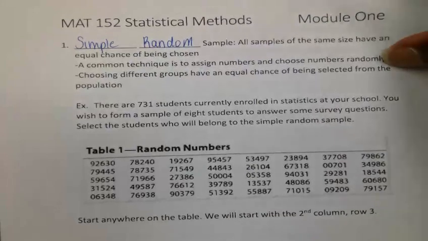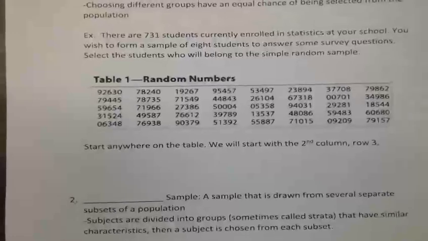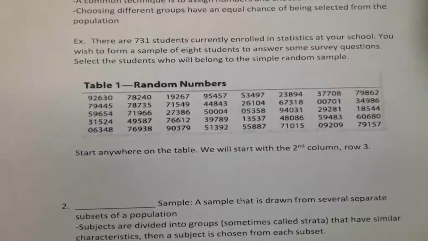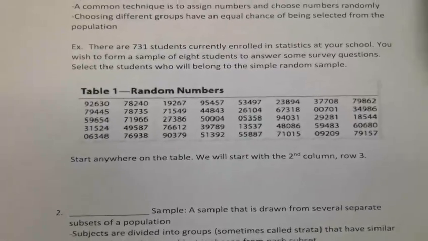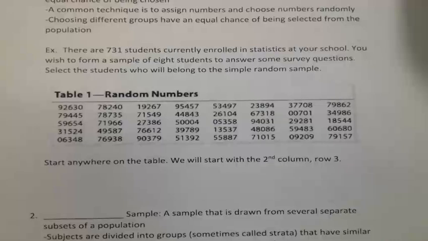All right. Let's look at an example of this. There are 731 students currently enrolled in statistics at your school. You wish to form a sample of 8 students to answer some survey questions. Select the students who will belong to the simple random sample. Normally when you're choosing simple random samples, things are already labeled. If they're not labeled, we can label them using the random numbers table.